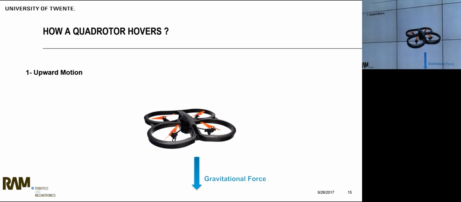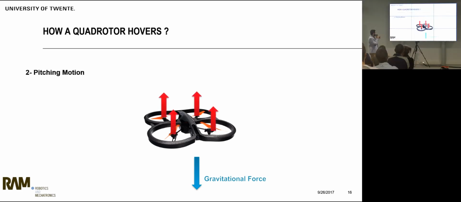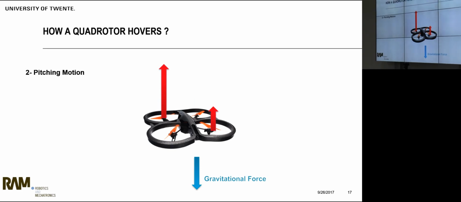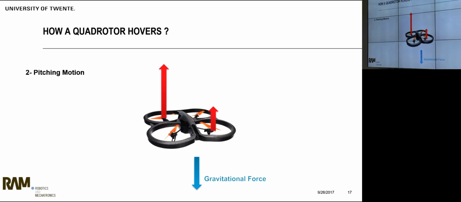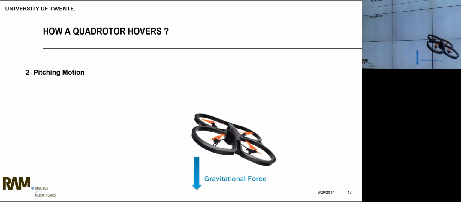And that's not the only way the quadrotor can move. You've seen in the demonstration before that it can move sideways, and in order to do that, it has to tilt. It has to perform what's called the pitching motion. And to perform this pitching motion, it can only do that with two of the four motors. So for example, if you have these two motors, and one of them is producing a higher thrust force than the other one, the quadrotor starts to tilt, and once it tilts, it has to move in this direction.